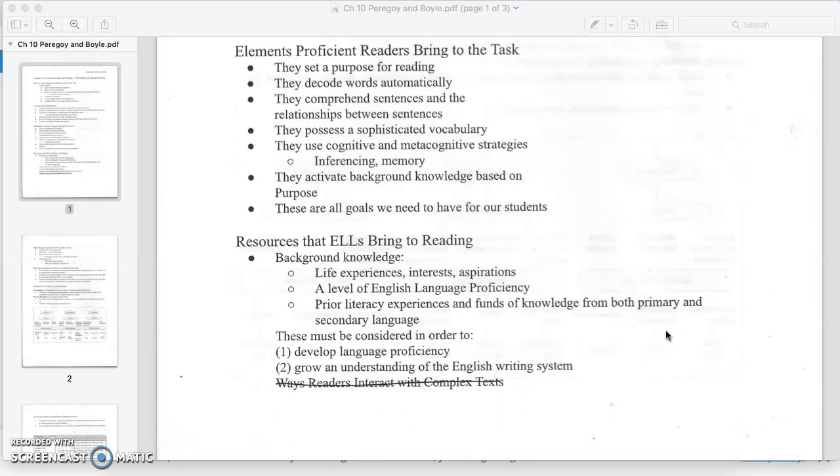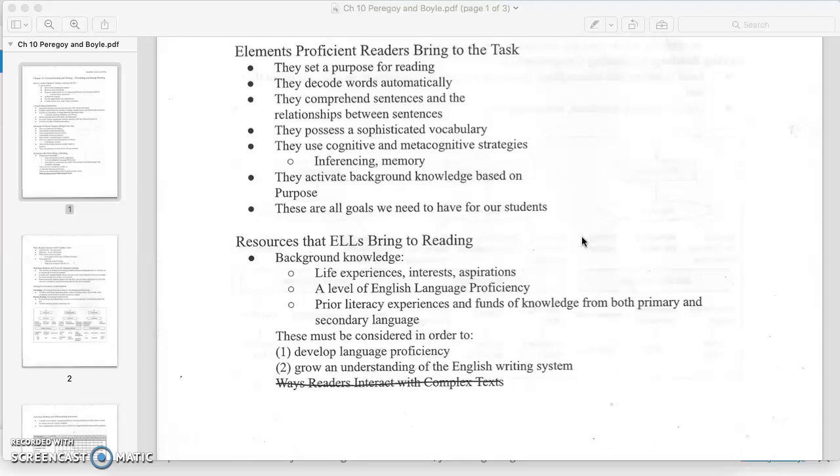And for elements of proficient readers, basically what are characteristics of a proficient reader. They set a purpose for their reading. They decode words automatically, which is a very strong tool, and it's used best when the lessons are within context. It's much easier to understand and define a word in that sense, and being able to comprehend sentences and the relationship between sentences.